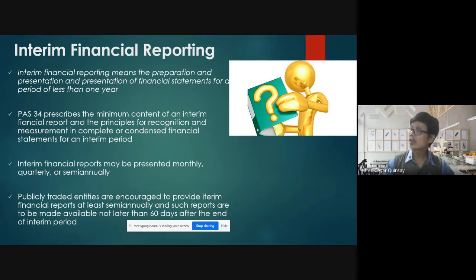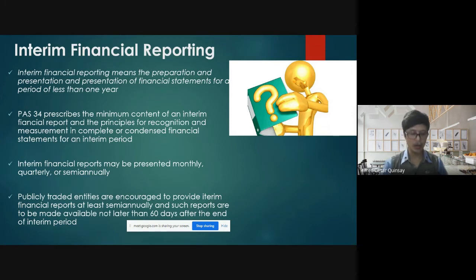So not later than 60 days after the end of the interim period, no? For example, it ended on June 30. So not later than 60 days from June 30, so June, July, August. At least not reaching September already, no?